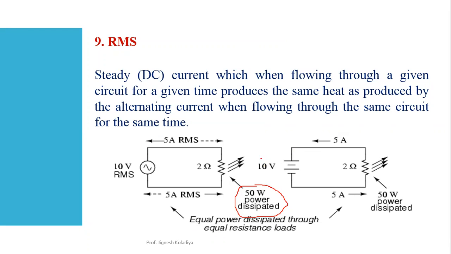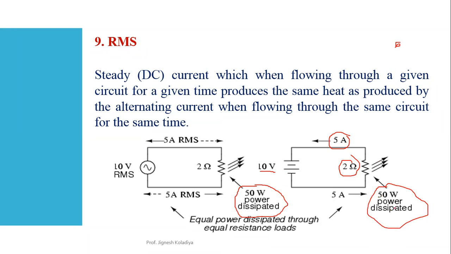For example, here we are applying 10 volt so that 5 ampere is flowing into this 2 ohm resistance, and let us apply this 10 volt for 5 minutes, and here 50 watt power is dissipated.